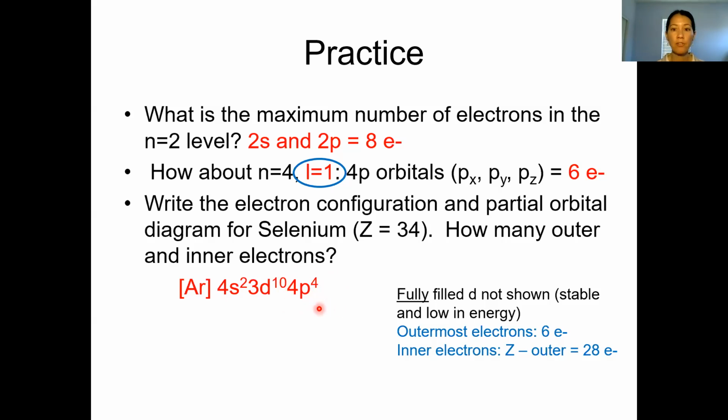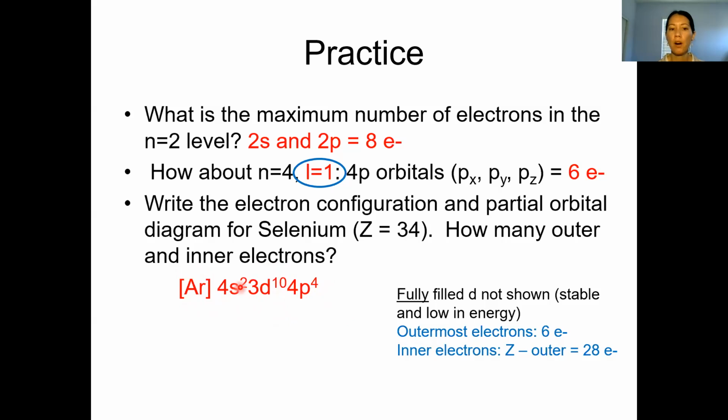So let me ask you now, how many outer electrons? The core inner electrons are argon, but also this is special because this D is fully filled, it's also an inner electron, just because it's not really reactive. Outer or valence ones are the ones that are going to be more reactive in this outer 4s2, 4p4.